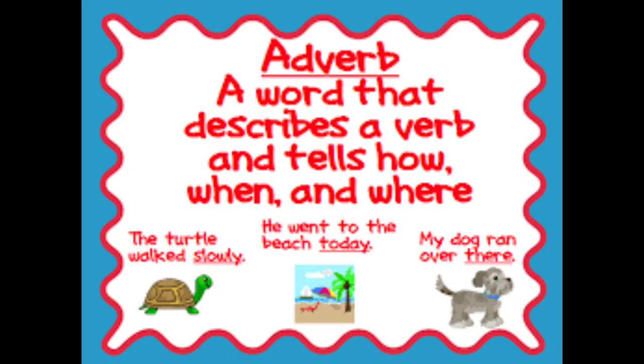So there is an adverb. So how means adverb of manner, when means adverb of time, where means adverb of place. So slowly is the adverb of manner, today is adverb of time, there is the example for adverb of place.